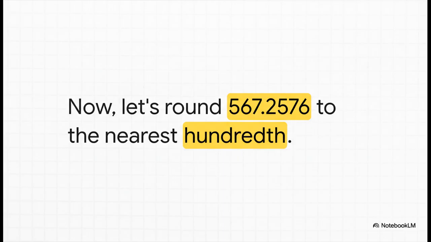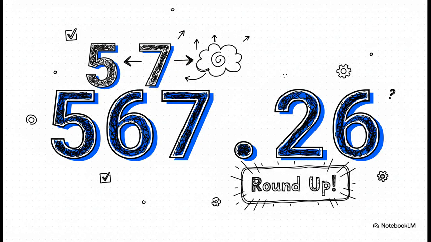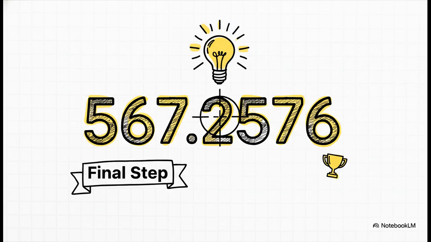Same number, but this time we're going to round it to the nearest hundredth. Okay, let's go through the steps a bit quicker this time. Step 1, the hundredths place is the 5. Step 2, its neighbor to the right is a 7. Step 3, since 7's on the round up team, that 5 gets rounded up to a 6. So the answer is 567.26. See? You're already getting it. Okay, one last time with this number.